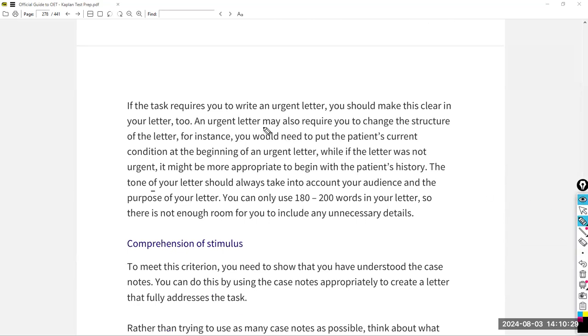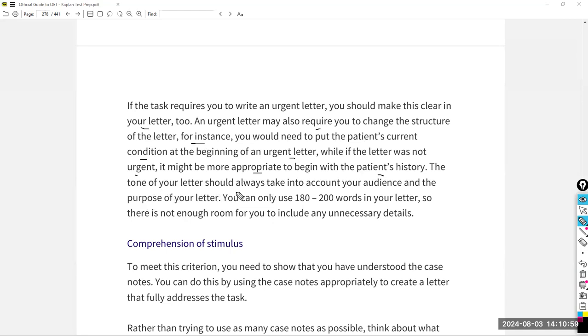Now, if the task requires you to write an urgent letter, you should make this clear in your letter, please. An urgent letter may also require you to change the structure of the letter. For example, you would need to put the patient's current condition at the beginning of an urgent letter, while if the letter was not urgent, it might be more appropriate to begin with the patient's history.